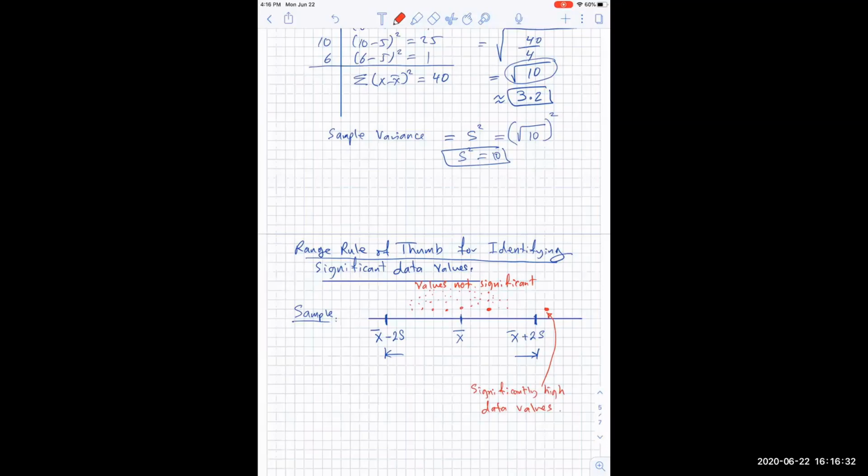It's far to the right of the center. If I see a data value that is more than 2 standard deviations below the mean, like this one here, then it is considered a significantly low data value.